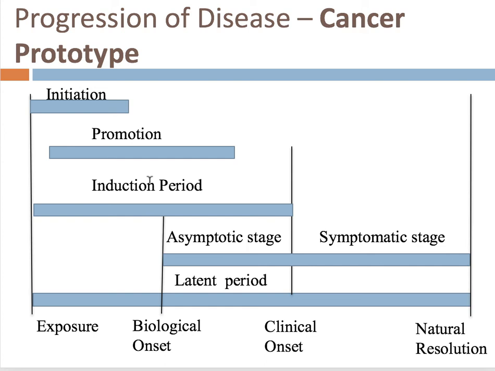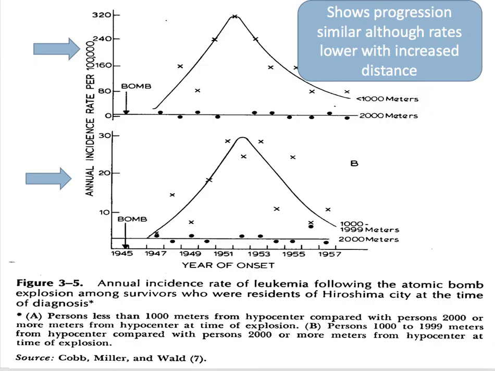But it still has the same layout of some form of exposure, biological onset or a latency period, a clinical onset, and then a resolution at the end. So I just wanted to show you kind of an example here to break up our progression of disease with a slightly different topic that looks at distance, right?